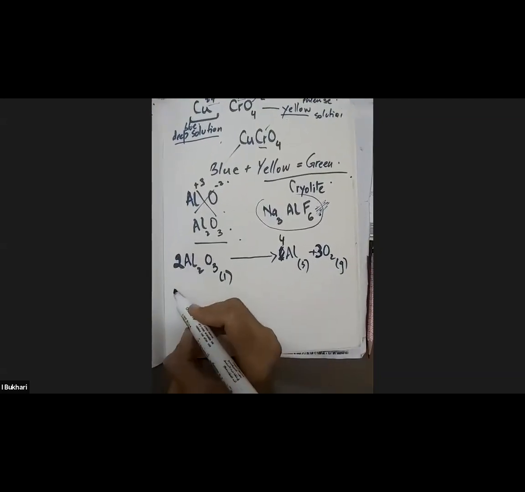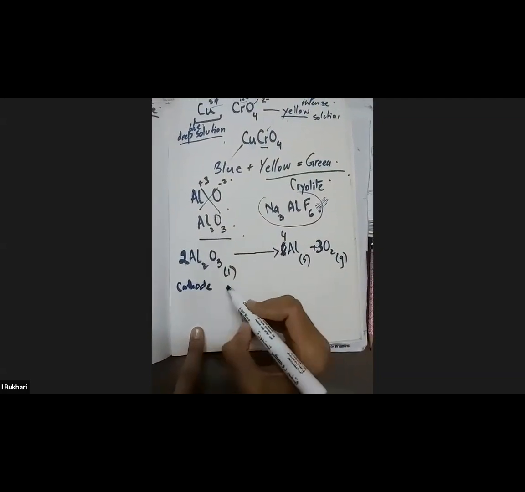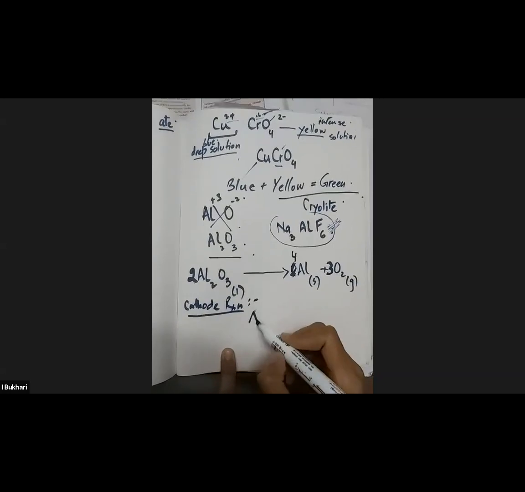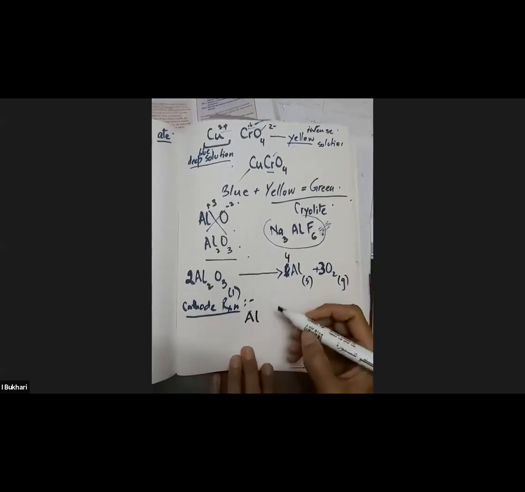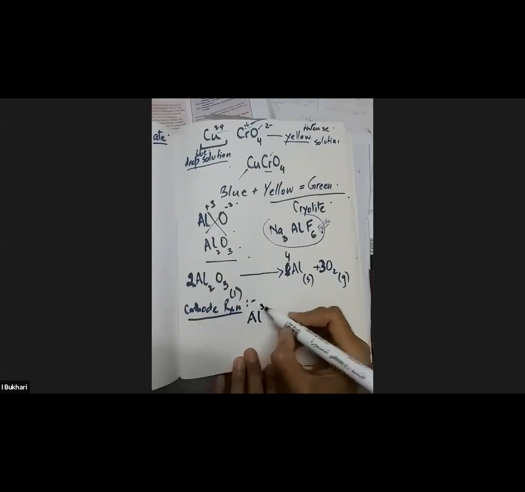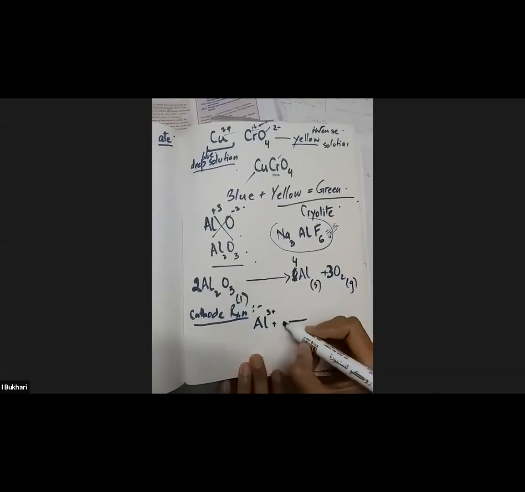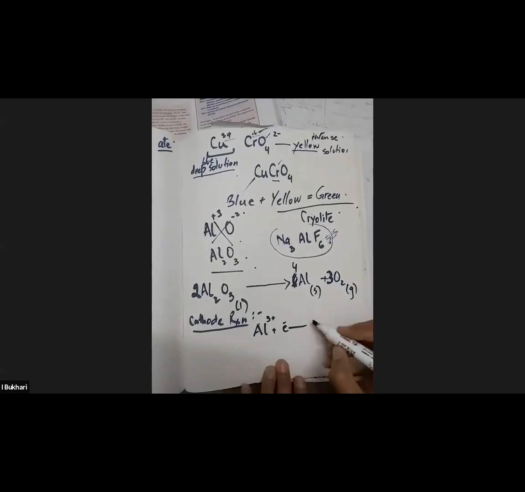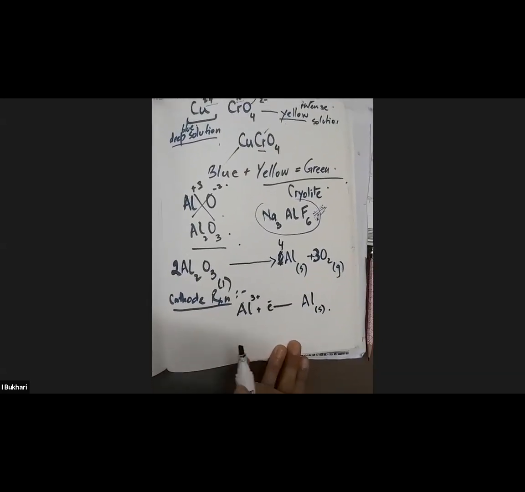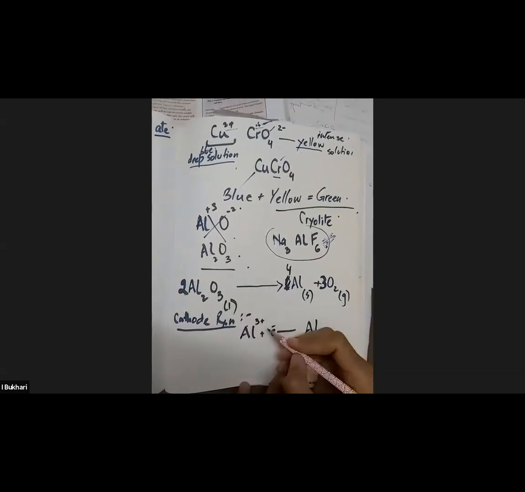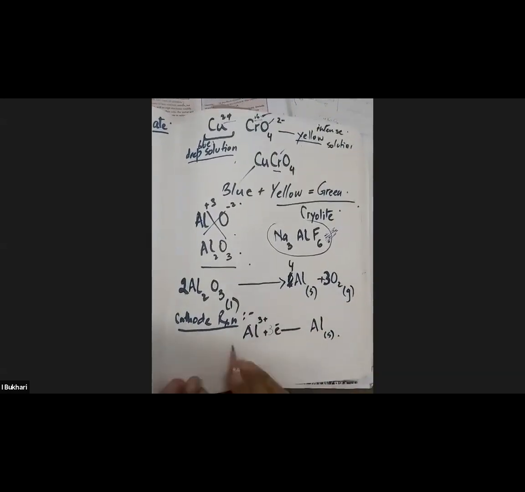Now the cathode reaction would be aluminum cations, Al 3 plus, accepting electrons. We will figure out how many electrons later. Aluminum solid. Okay, am I getting something wrong here? Let me see. I'm doing it with pencil so that I can erase. This is the cathode reaction.